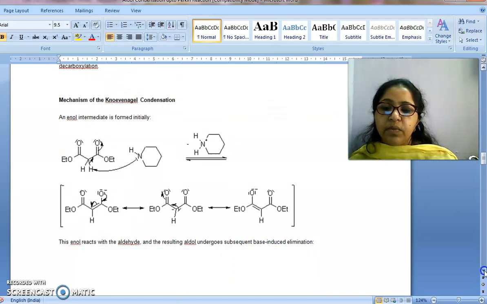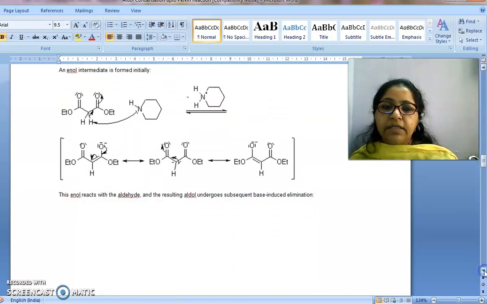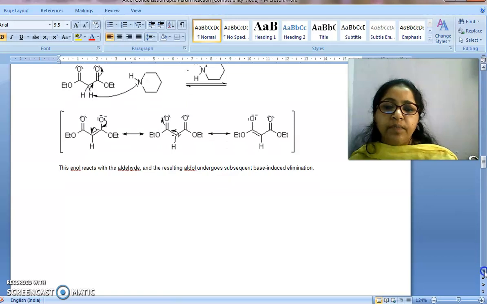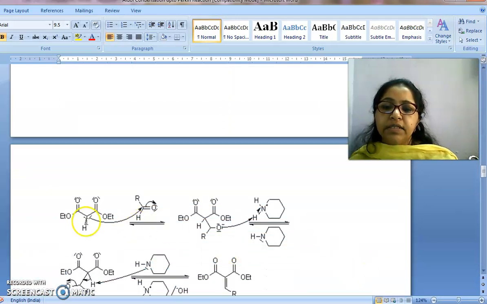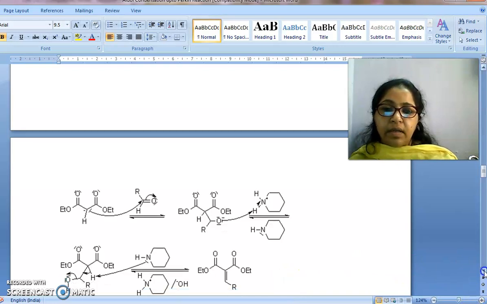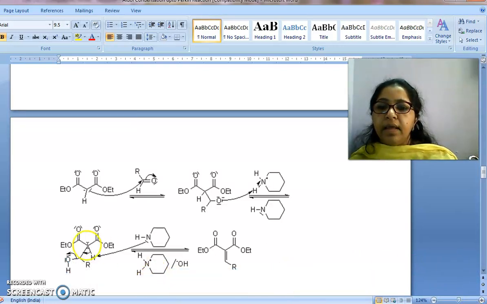So after this, what happens? It will react with the aldehyde. Okay, this negative charge will react with the positive carbon of the aldehyde, and we will get an oxide. So this oxide again will abstract the proton of the protonated base, and we will get one alcohol.